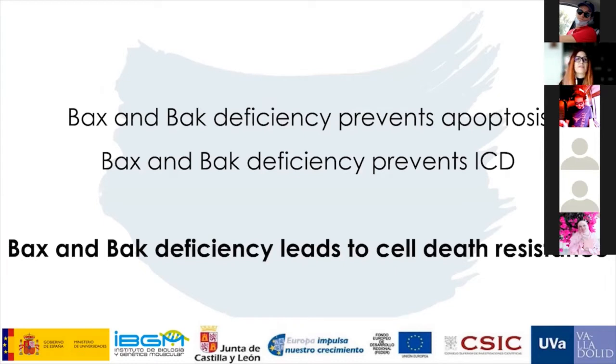So Bax and Bak deficiency prevents apoptosis, but also prevents immunogenic cell death. That means it prevents the intrinsic pathway but also the extrinsic pathway. That means that Bax and Bak deficiency leads to cell death resistance.